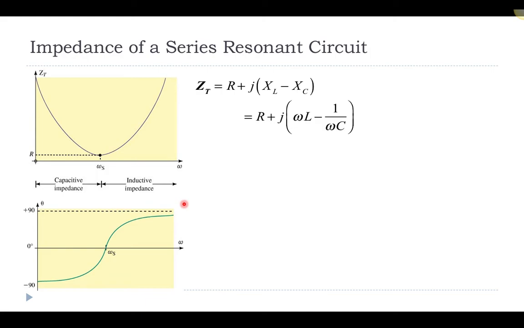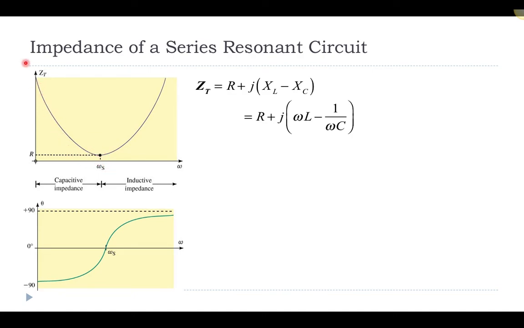So one of the things that we can look at in terms of a series resonance circuit is what the impedance looks like. And we talked about the fact that in a series resonance circuit, the resonance occurs when the impedance is a minimum.